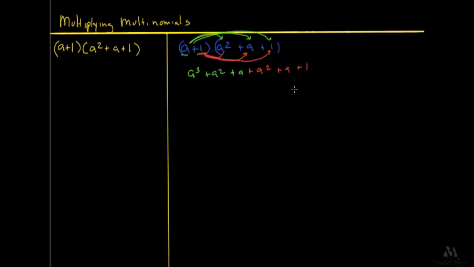Now we need to find our like terms. I don't have any other a cubed terms, so I'm just going to write a cubed. But we do have 2 a squared terms. And I've got an a and an a here.